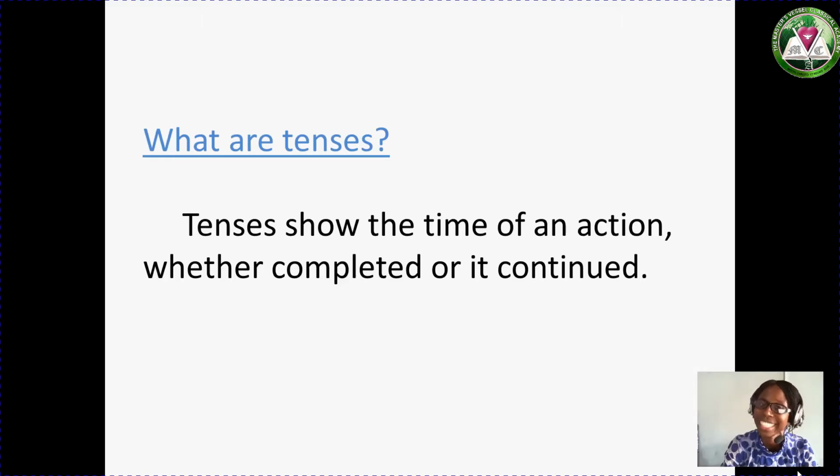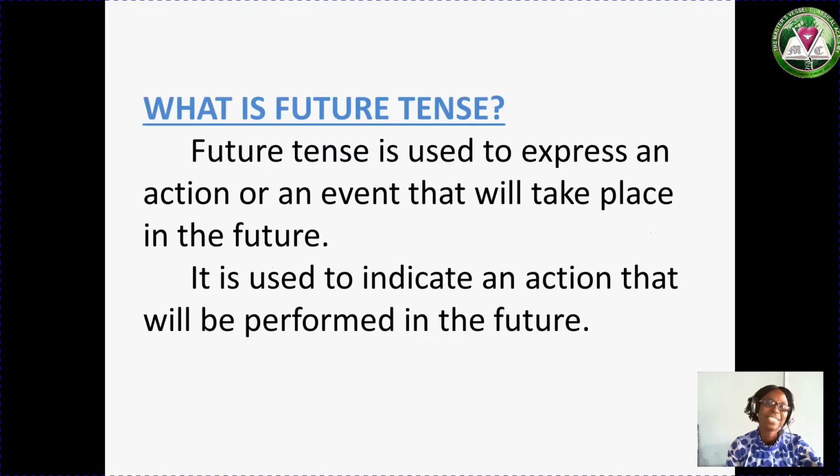Say future tense. Future tense using shall and will. Now that will lead us to the definition of future tense. What is future tense? I hope you are following. All right. Now let's continue. What is future tense?